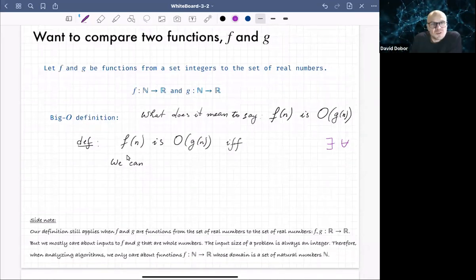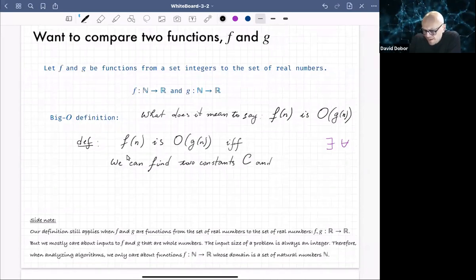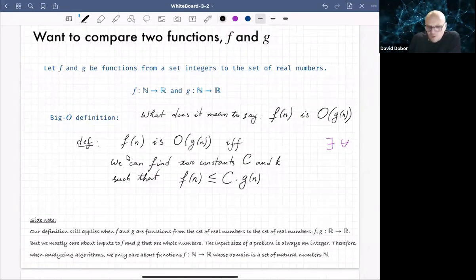So I don't want to confuse the issue. It's quite clear, and it's not that much more trouble to say this in words, that we can find two constants. These two constants will be called witnesses, constants, and we'll give them names C and K, such that f of n is less than or equal to this constant C times g of n, but not always.